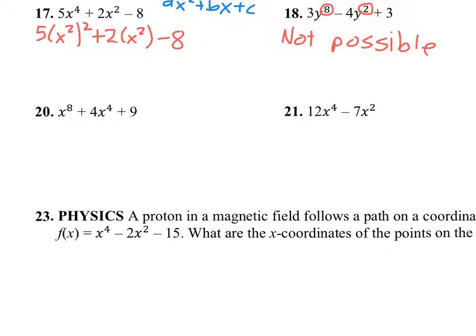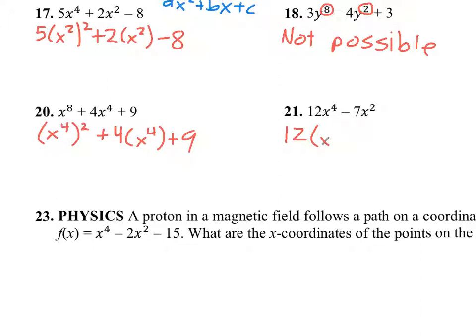Okay, number 20 will work because the exponents are double one another. So we need something squared. X to the 4th squared makes x to the 8th. And we need that same thing, but without the square. On 21, we have our a value, which is 12.